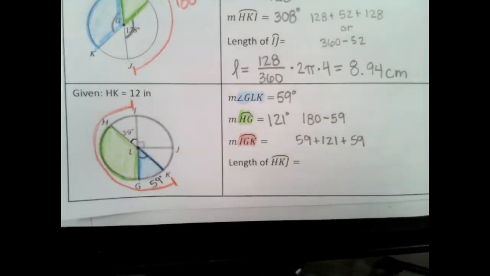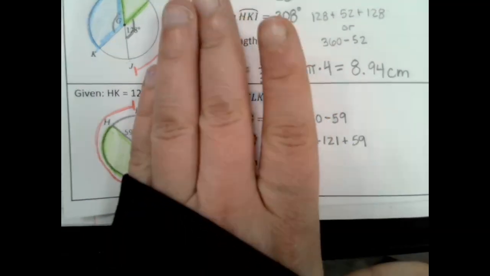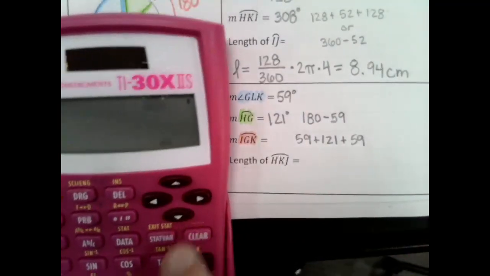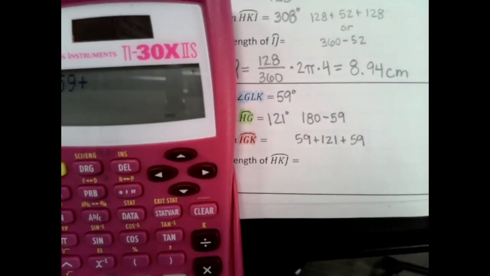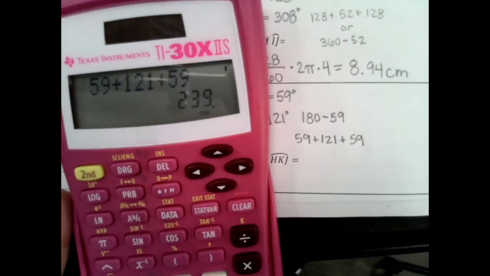So it's up to you on what your brain tells you to do. Some people can look at it segmented and just say, oh, that's 180 plus 59. My brain does not do that. It looks at all the parts individually. Either way, we're going to get the same answer, 239.